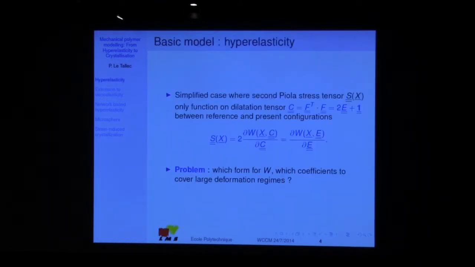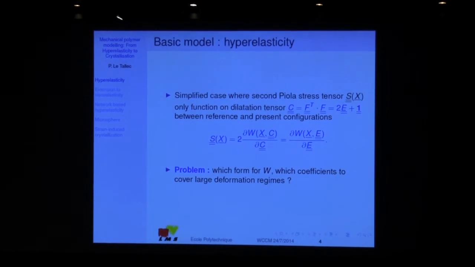So the path starts with hyperelasticity, and it starts with Tinsley Oden in 1978 in Texas. And hyperelasticity is a simple case where the stress tensor, written in the reference configuration because of large deformation, derives from the free energy and is only a function of the dilatation tensor, or equivalently of the Green-Lagrange strain tensor.